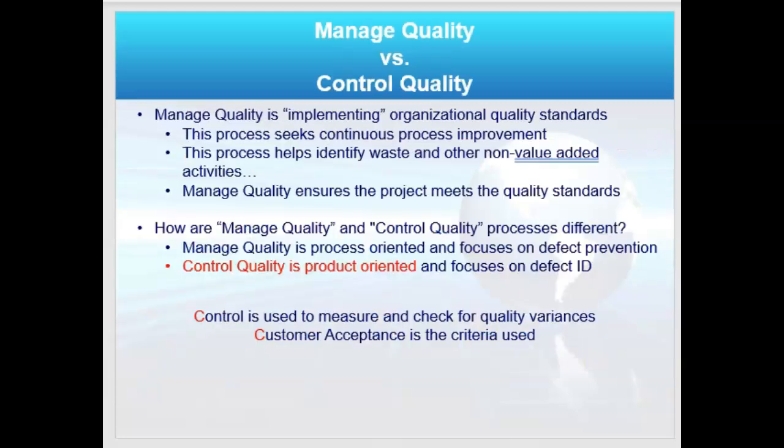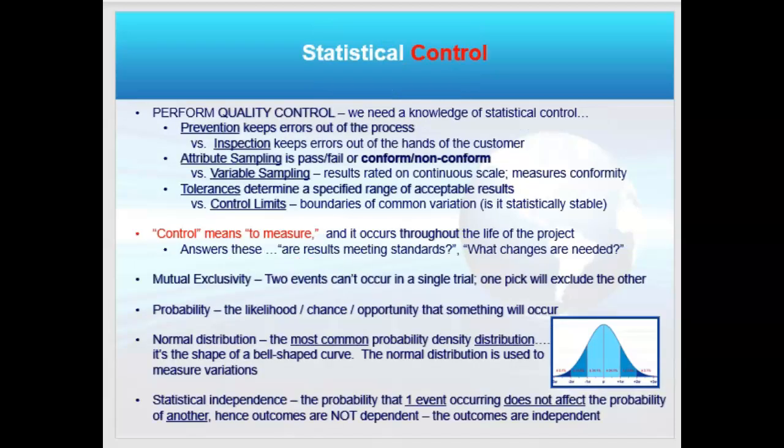So that's manage quality. Now we transition to control quality. And control quality is product oriented. Manage quality is process oriented, right? Hence the audit and the benchmarks. Control quality is about the product, controlling the product.